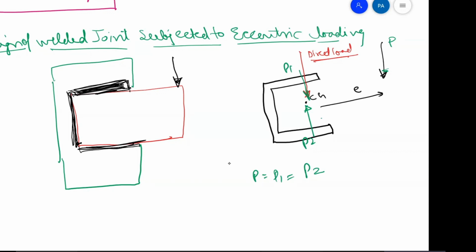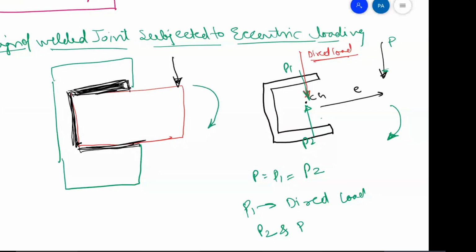Now this force P is direct load. Force P1 is direct load, it's my mistake, because it is acting along the CG, and P2 and P are trying to tilt this load weld system.